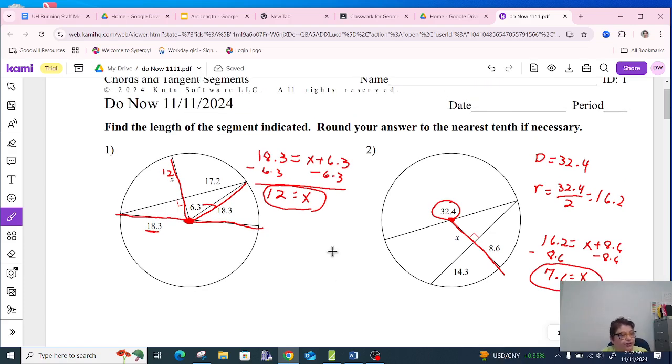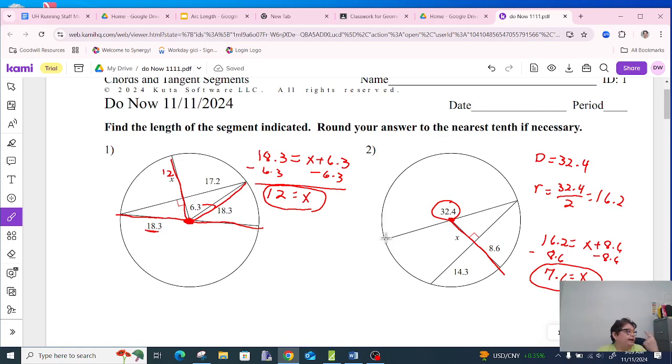So for 1 and 2, just to summarize, we had to know that all radii are equal, right? Since this one had 18.3 as the radius, and this radius was x plus 6.3, we could set x plus 6.3 equal to 18.3 and just subtract to find the answer. Over here, the diameter was 32.4, so this one had an extra step.